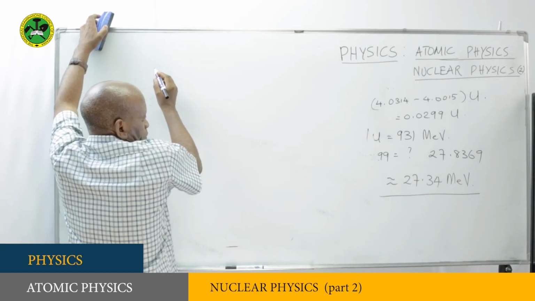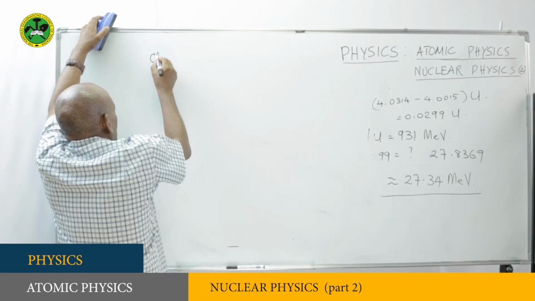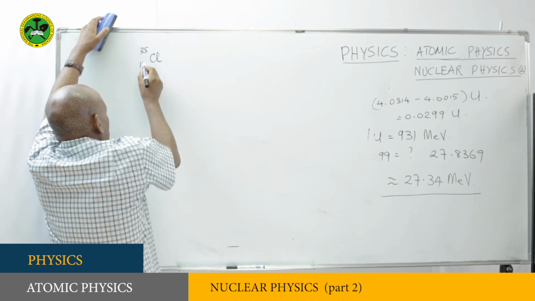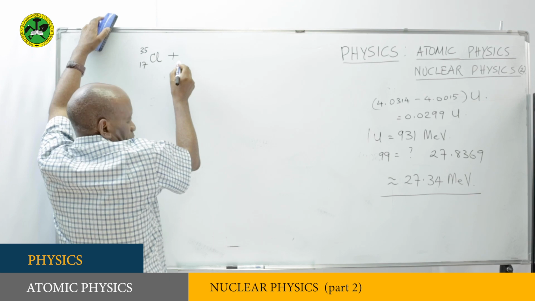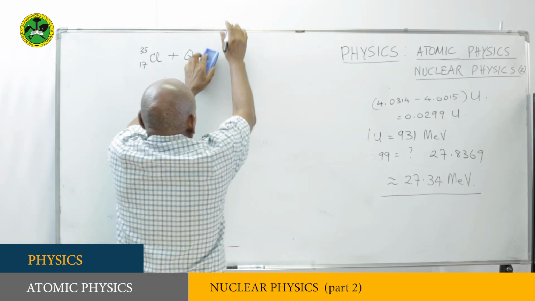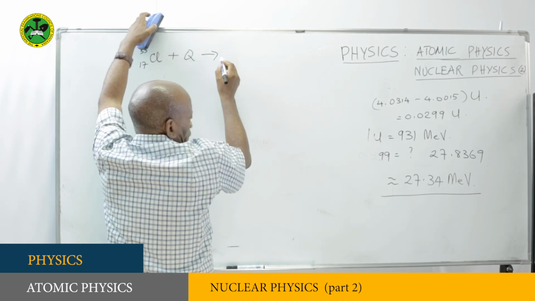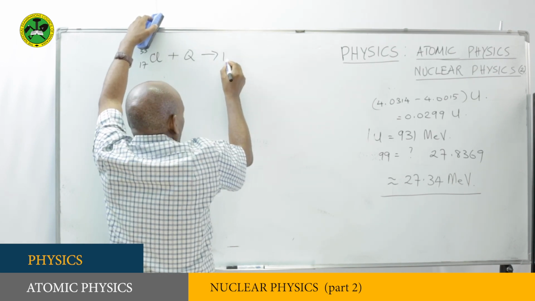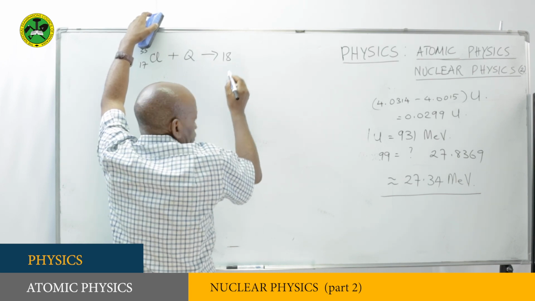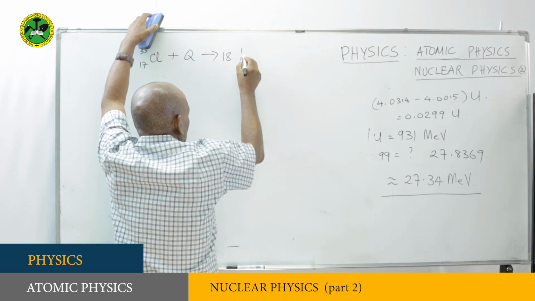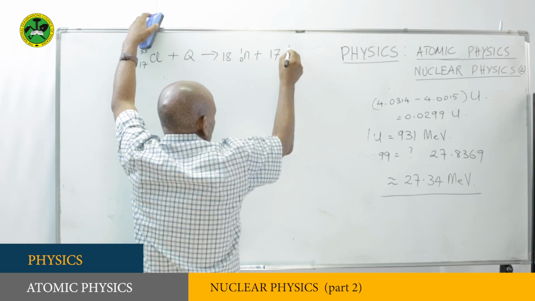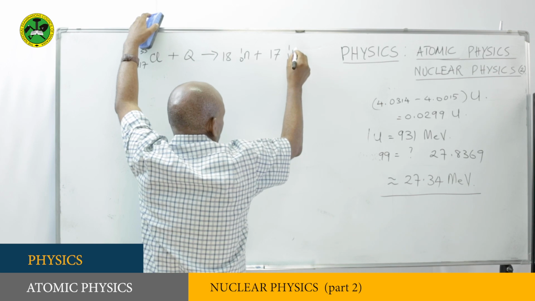So here, from that equation, chlorine 35, 17, plus that energy, we have a production of 18 neutrons plus 17 protons.